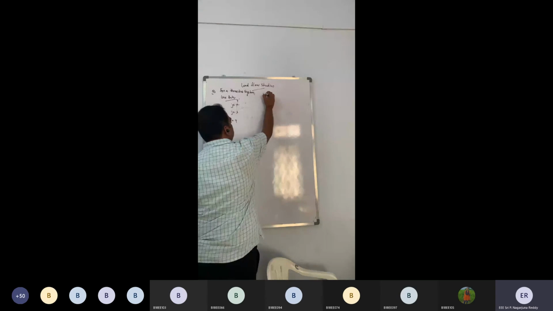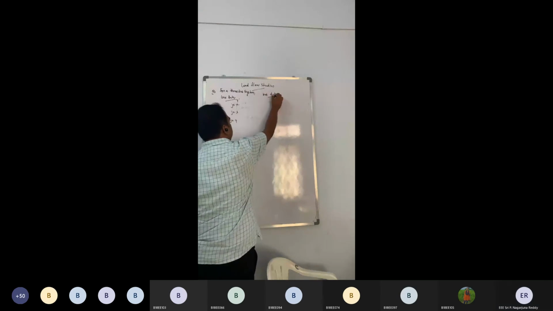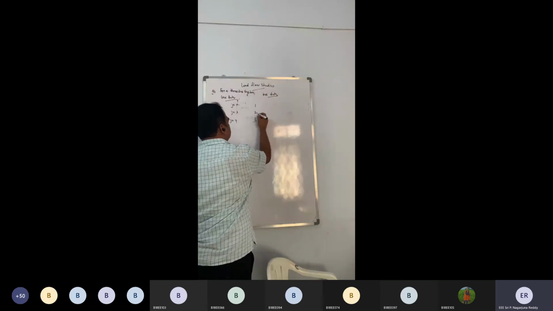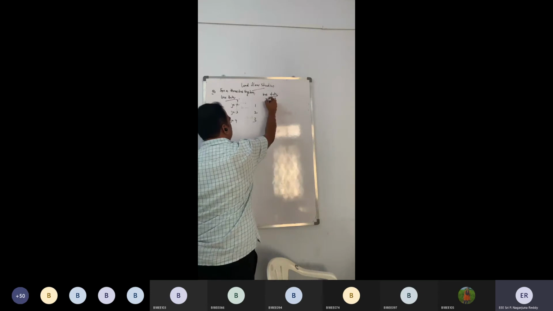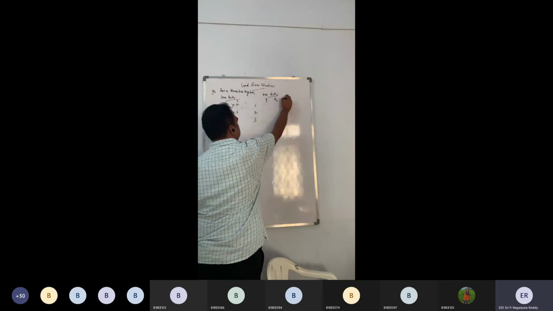These are the admittances, I'm directly giving the admittance. The bus data is bus numbers 1, 2, and 3 with P and Q, the injections directly mentioned.